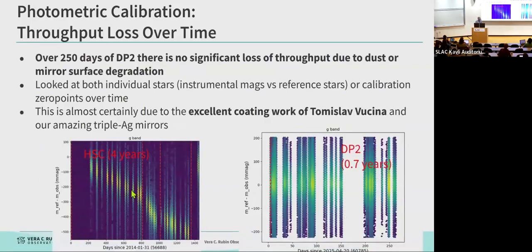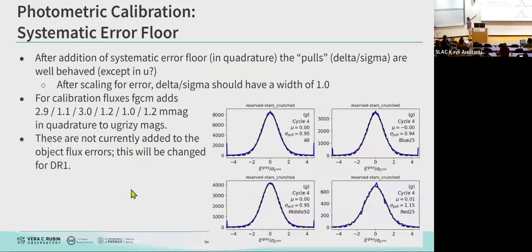There is a little thing hiding in there. There is a systematic error floor. This is calibrated out. We are not currently adding this to any of our errors. This is not propagated on. This is me telling you, going into the known issues: don't trust anything below 1 to 3 millimags on the errors.